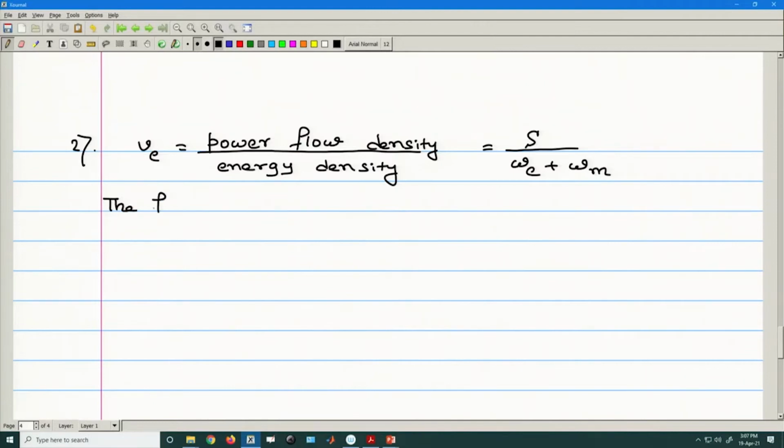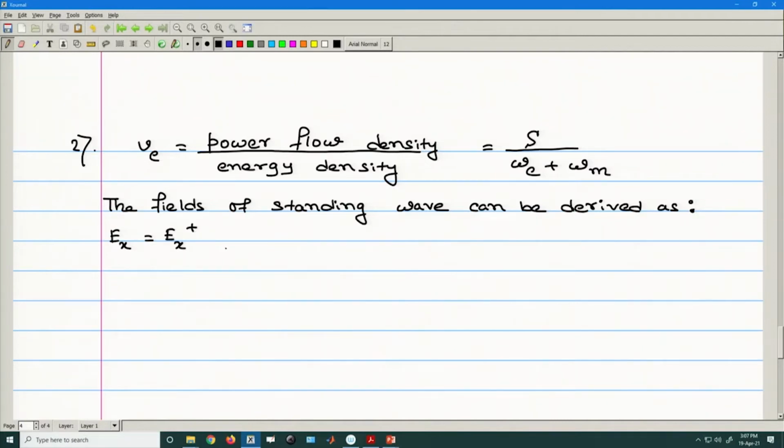The fields of a standing wave can be derived as, suppose we can write Ex equals Ex plus Ex minus, that is equal to A e to the power minus jkz plus C e to the power jkz.